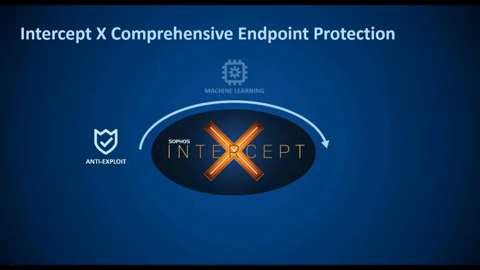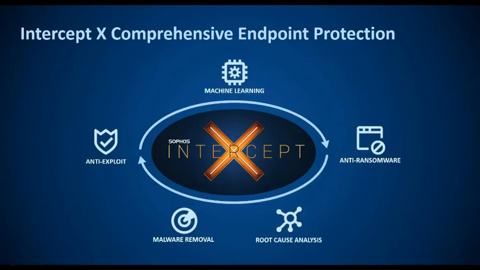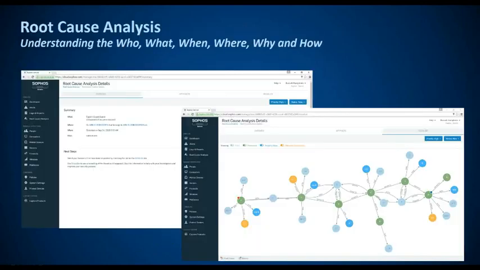So we've talked already about anti-exploit, about machine learning, about anti-ransomware technology, but also built into the product, we have both malware removal and root cause analysis capabilities. And the root cause analysis tool that I did touch on briefly earlier gives you a really nice visualization of exactly what goes on in the attack.